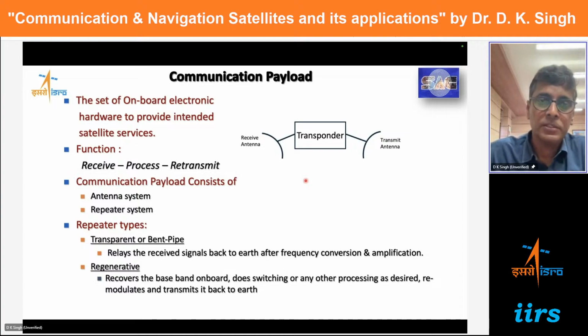Now the communication payload or transponder, popularly known as transponder, you must have heard all these terms. So its function is it will receive the signal from the earth, process it and retransmit it, and it basically consists of antenna which connect the electronics to the free space, and we are able to connect to the ground station on earth.